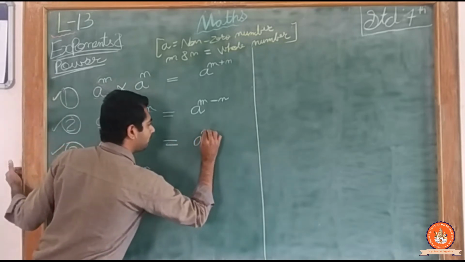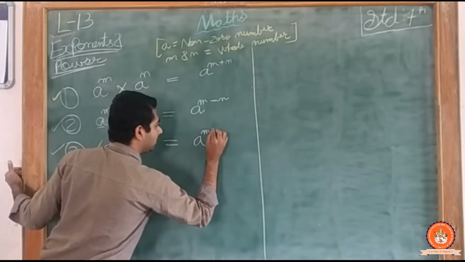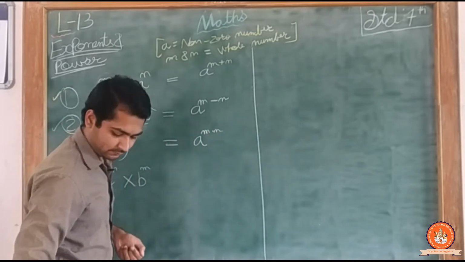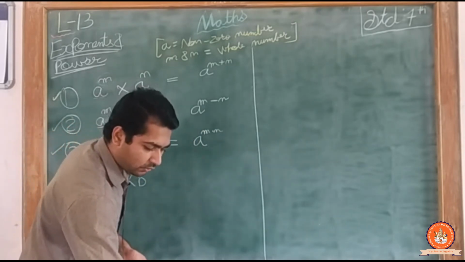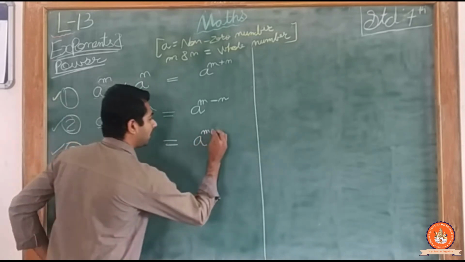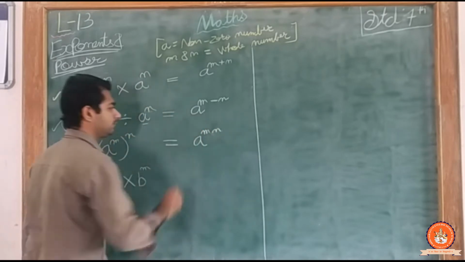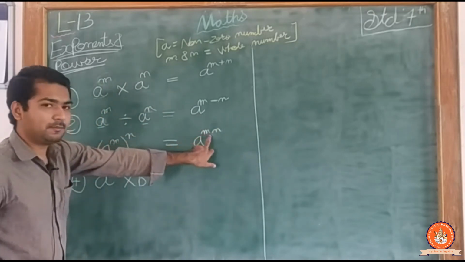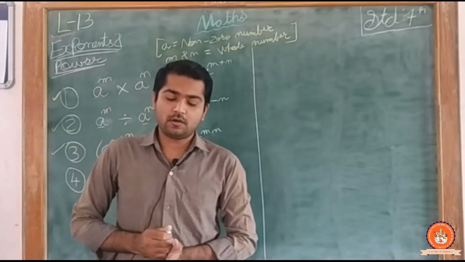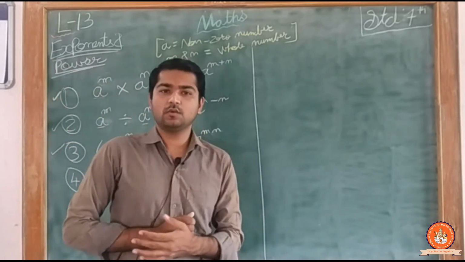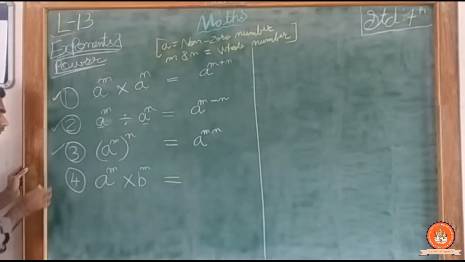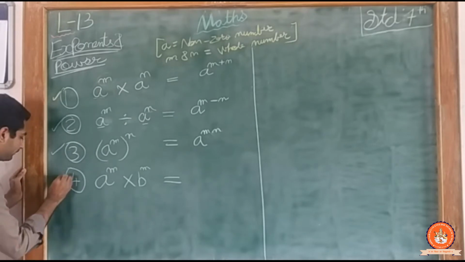I will denote it by a dot, or else I will write directly mn. You can denote it as you wish. Both m and n will be multiplied. We will also take some examples to give you better understanding.